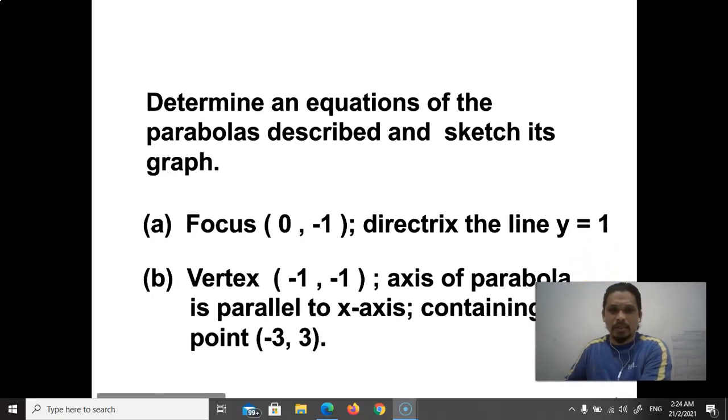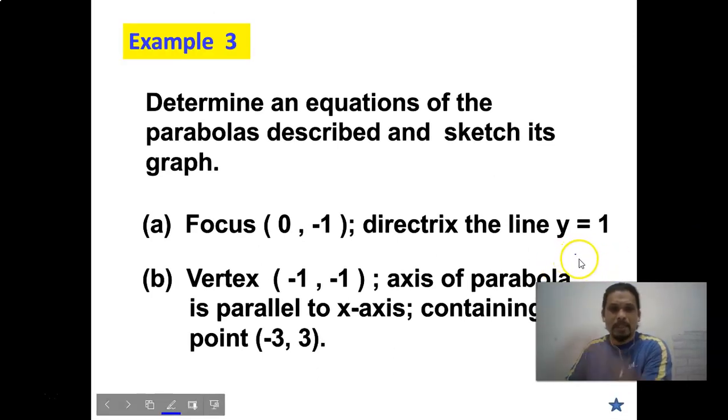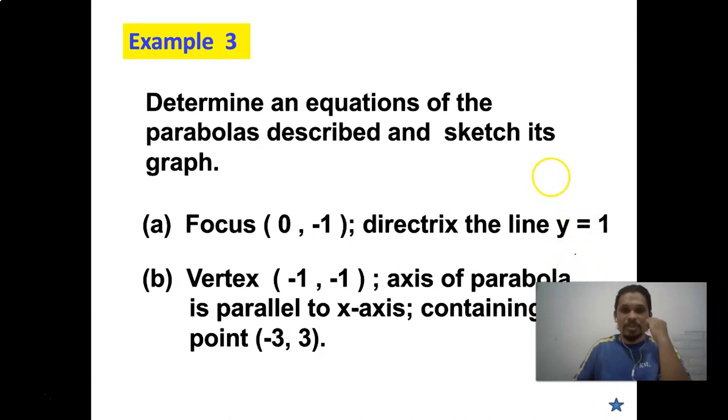And now the next example here. Determine the equation of the parabola described and sketch its graph. The focus and the directrix is the line y equal to 1. So the question wants us to determine an equation of the parabola. It describes the focus and directrix line. So find the equation of the parabola.